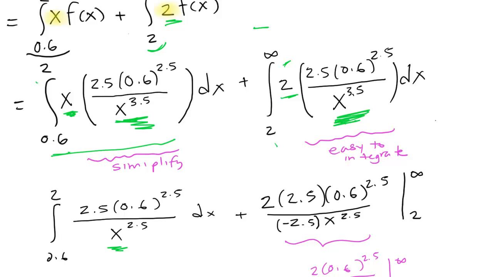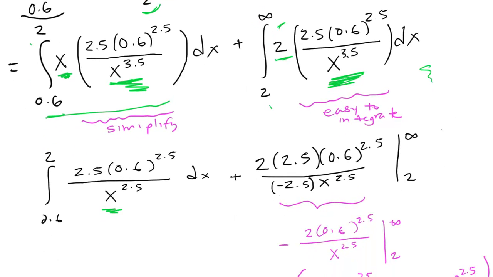And this one integrates into 2 times 2.5 times 0.6 to the 2.5 divided by negative 2.5 times x to the 2.5. And this is just the normal basic rules of integrating x to the n. In this case, it's just going to be x to the negative 2.5. So that's why you have this negative 2.5.